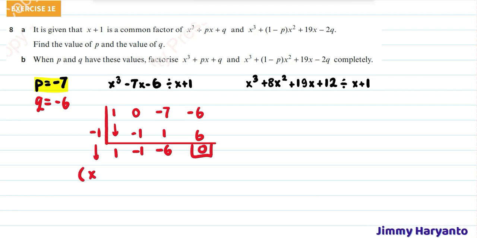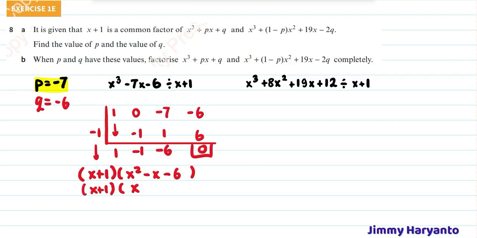So you can write x plus 1 for this one, because it's coming from x plus 1 before. For this one is x squared minus x minus 6. That means x plus 1, and then this one you factorize manually using quadratic factorization, 3, 2, negative and plus. So this is our first factorization.